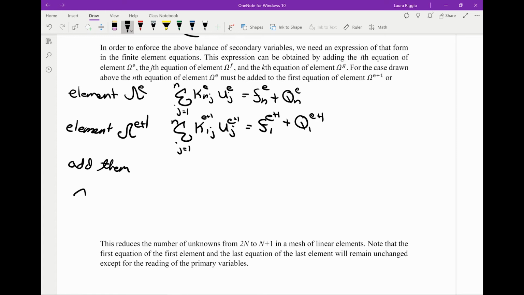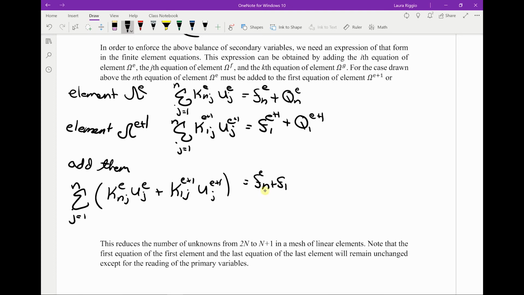What I'm going to get is the sum from j equals 1 to n of Knj(E) Uj(E) plus K1j(E+1) U(E+1)j equals Fn plus F1 plus Qn plus Q1. And this is just Qi. So this reduces the number of unknowns from 2n to n plus 1 in a mesh of linear elements.